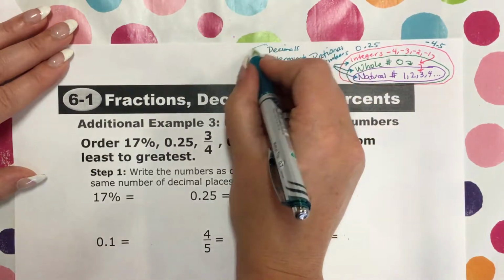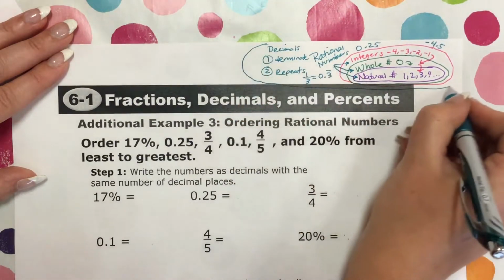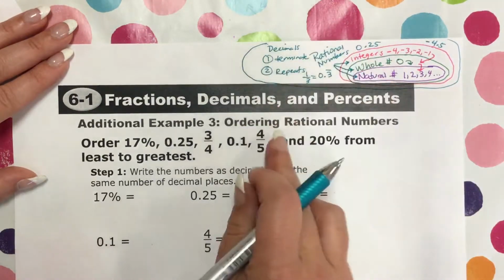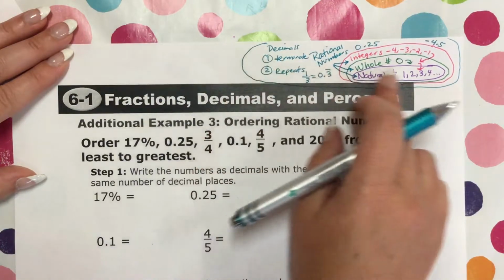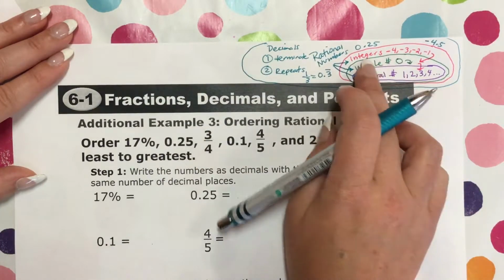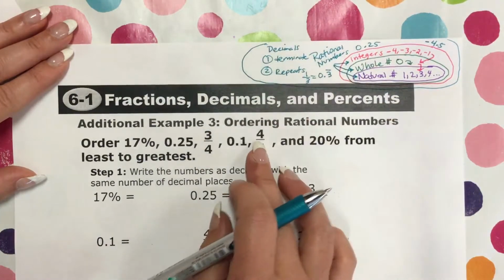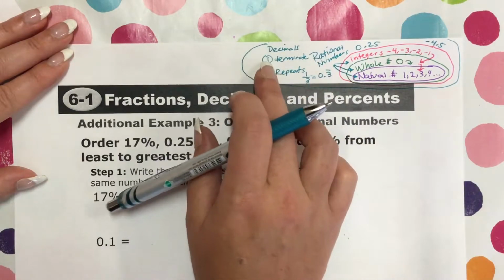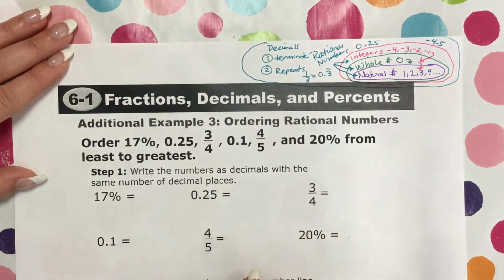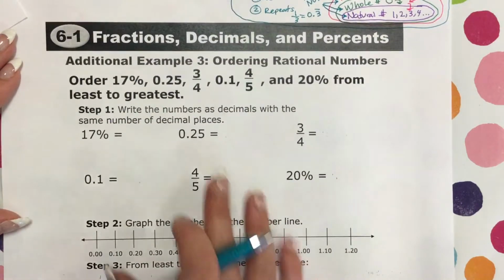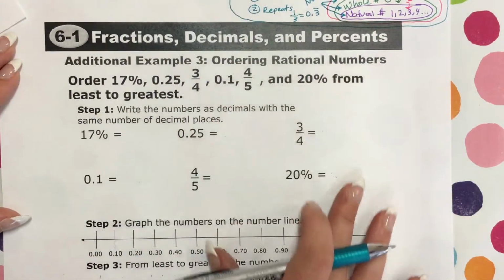So when we're talking about ordering rational numbers, we are ordering everything: natural numbers, whole numbers, integers, and fractions that when they're represented as decimals, either terminate or repeat. Okay? So that's what we're talking about when it says ordering rational numbers.